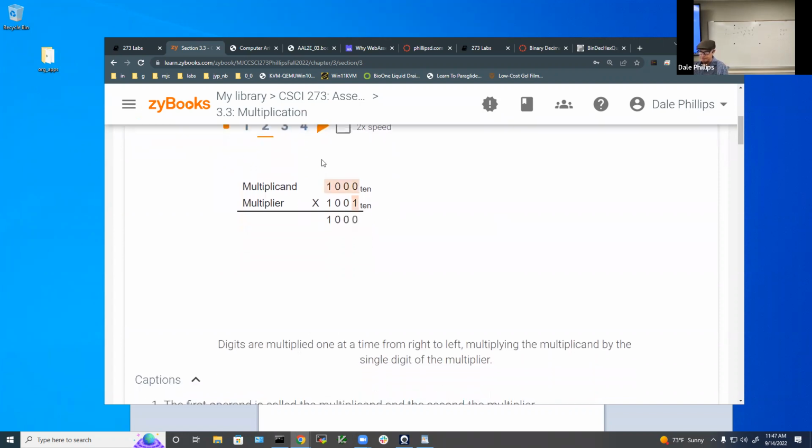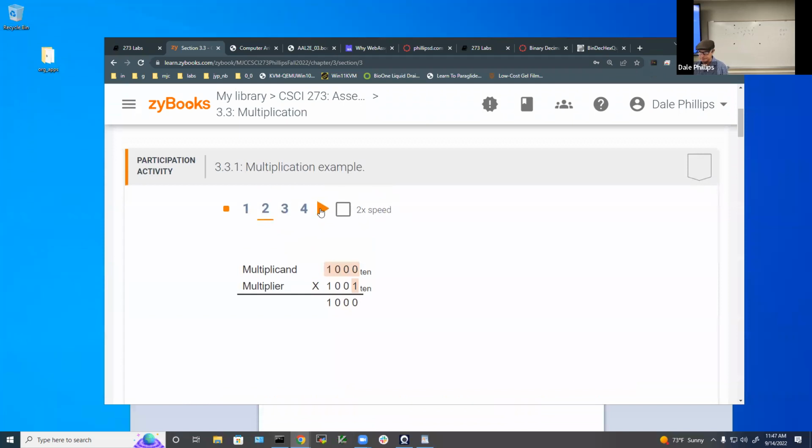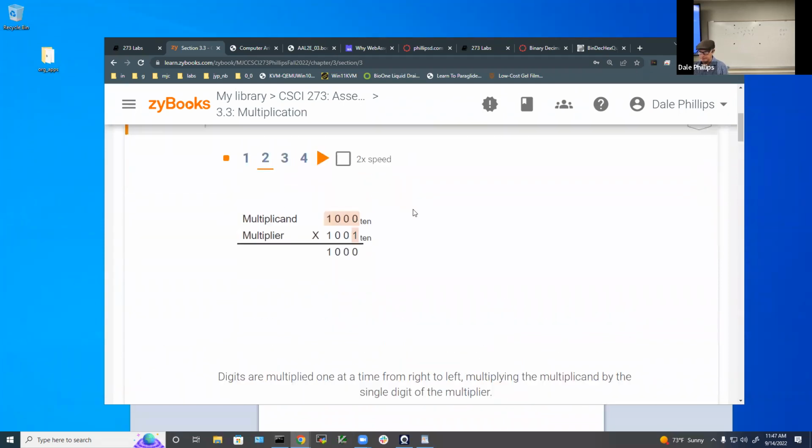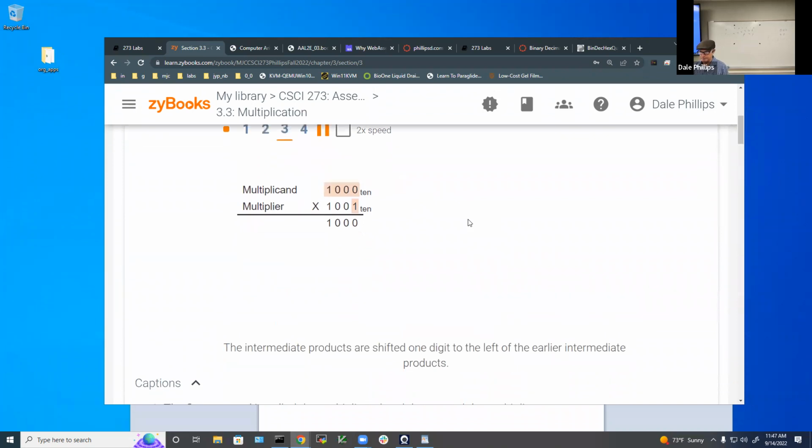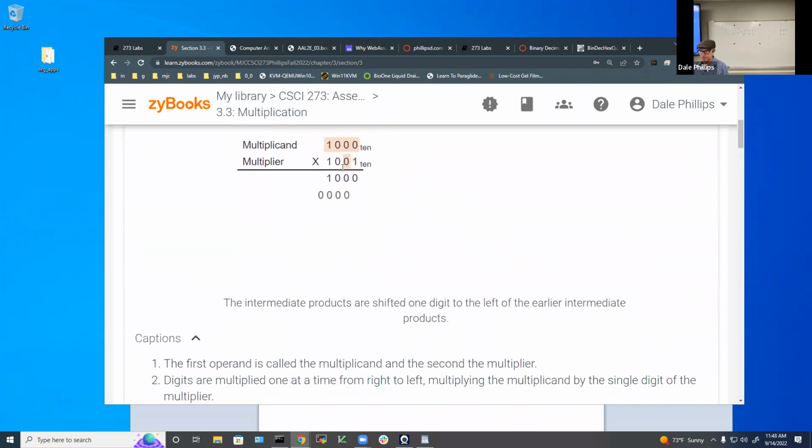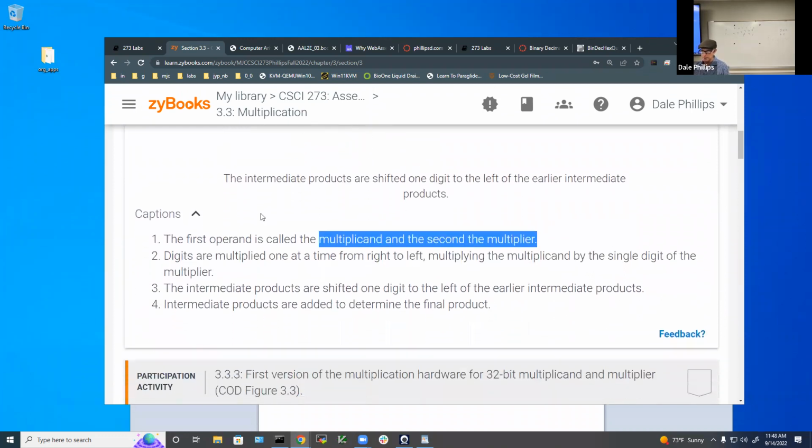And it's giving you an explanation down here. So as I'm doing that, you can see how it's moving over. And then you add them together. Now these buzzwords, multiplicand and multiplier, you'll use for this class and then you'll forget it.